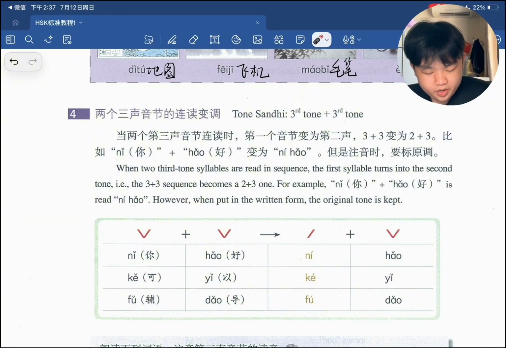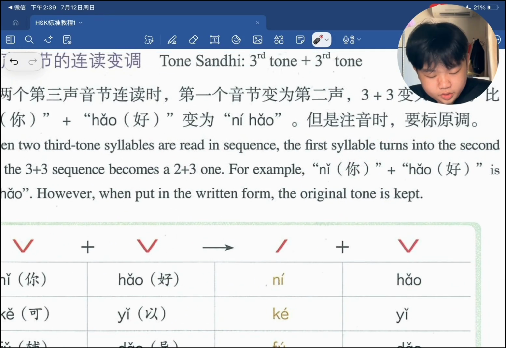However, when put in written form, the original tone is kept. So, when we read it, ni becomes the second tone ni. When you write the syllable, you still write it as the third tone ni. But when you read it, it is the second tone.